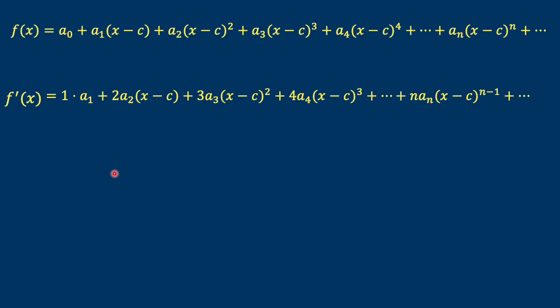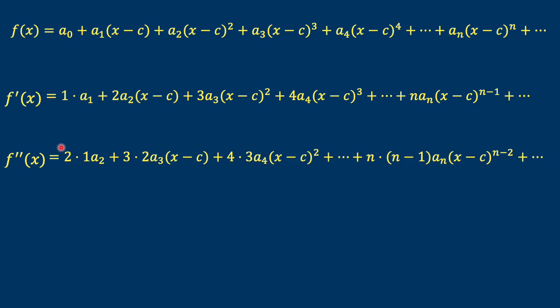Let's take the second derivative of f of x. That's going to be a1, and the first term is going to be 0. Let's do the second term: the derivative of (x minus c) is 1, so 2 times 1 times a2. The derivative of (x minus c) squared gives 2 a3 (x minus c), power is 1.